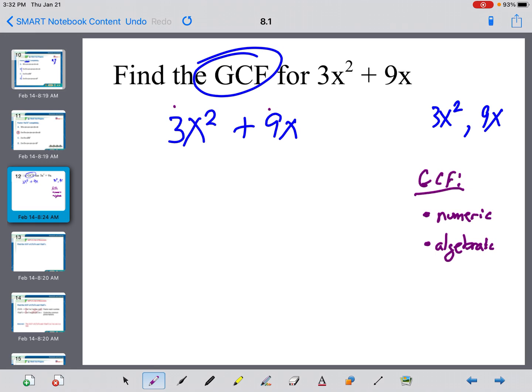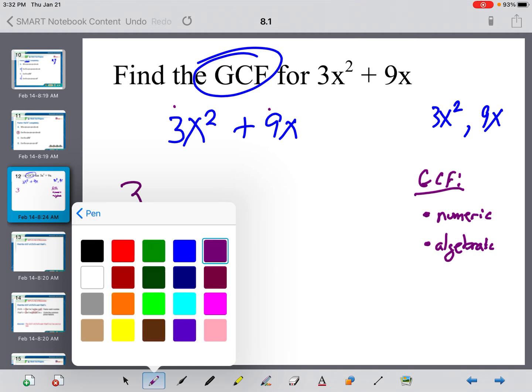So let's look at the numeric part first. When we consider the 3 and the 9, what is the greatest common factor for 3 and 9? I hope you said 3. Okay? 3. From elementary school. The biggest number to go into both of them, greatest common factor for 3 and 9, 3.